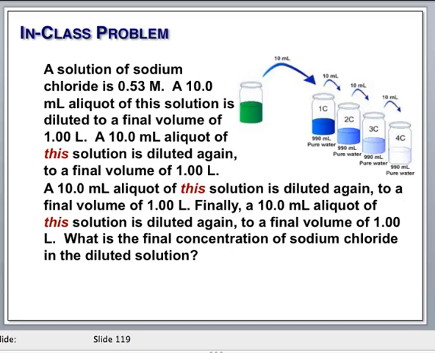Now I'm going to take 10 mL of this one, add it to 990 mL, mix it up, and get my second. Do it again, get my third, one more time to get my fourth. What I want to know is the final concentration down here in number 4.